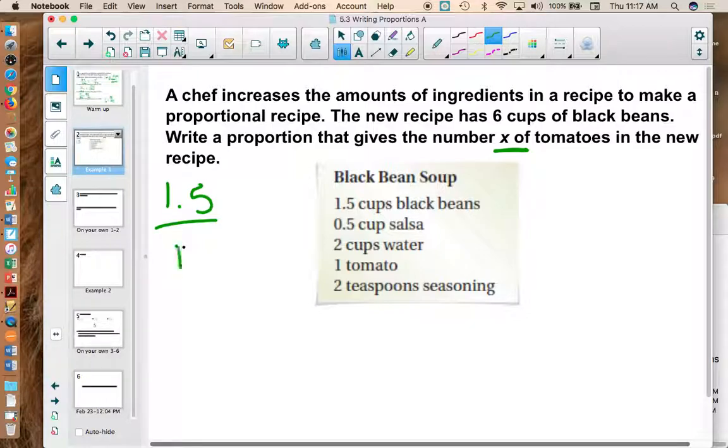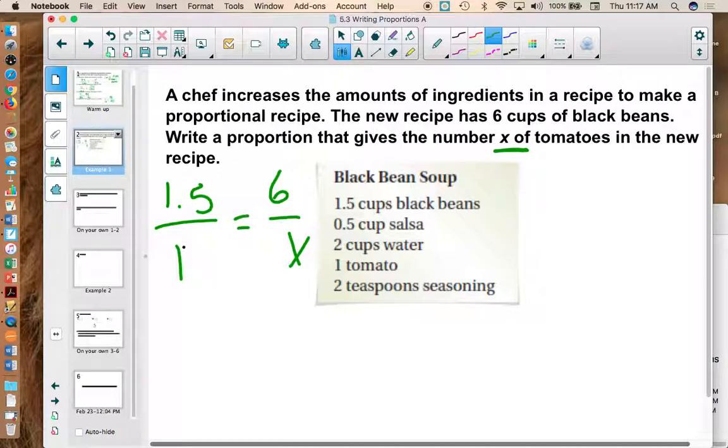Okay? So if I have 6 cups of black beans, how many tomatoes am I going to have? That's my X. Good job.